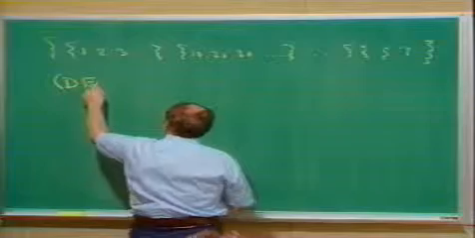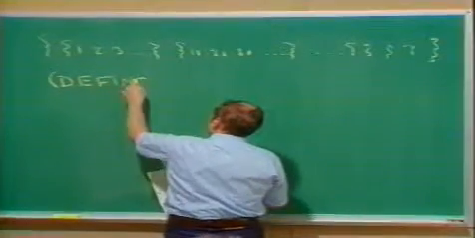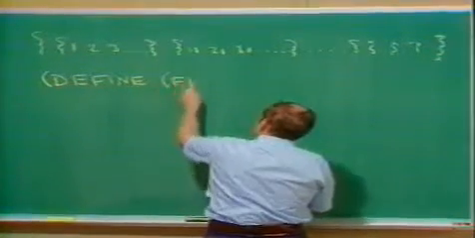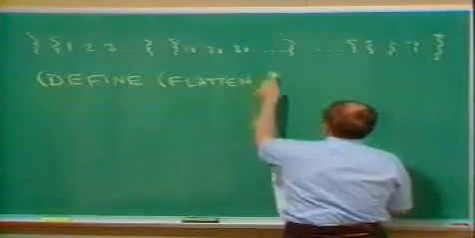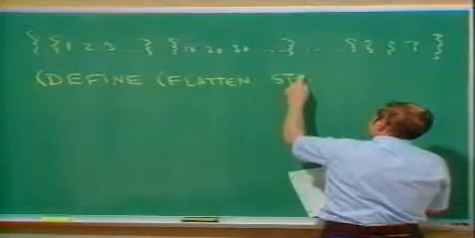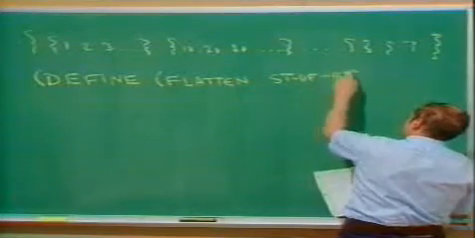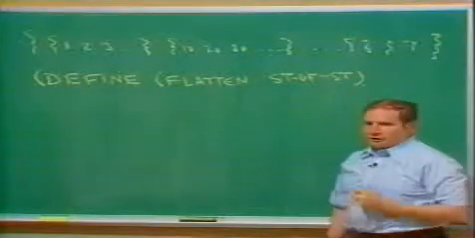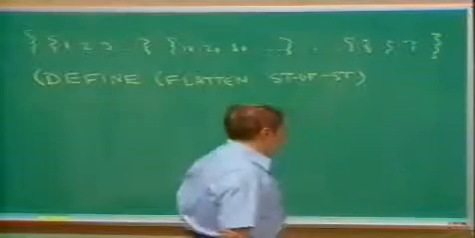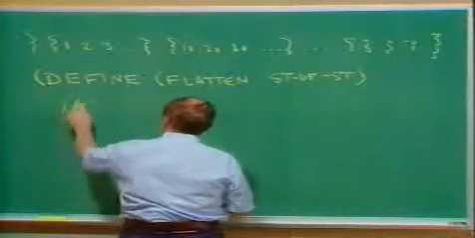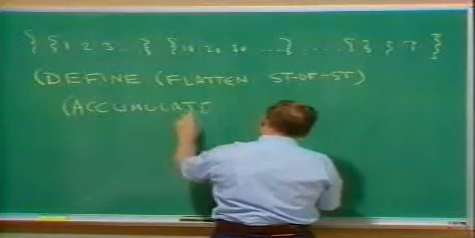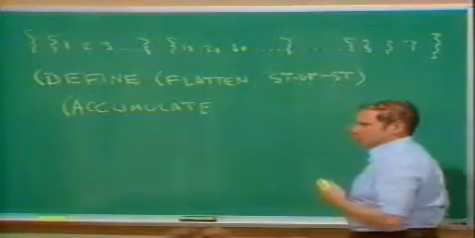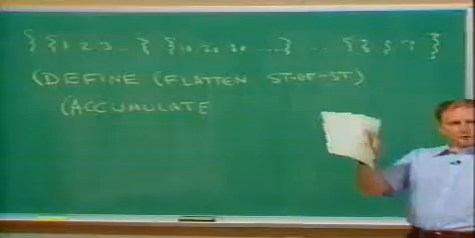And I can define to flatten what we call a stream of streams. Well, what is that? That's just an accumulation. I want to accumulate using append, by successively appending.